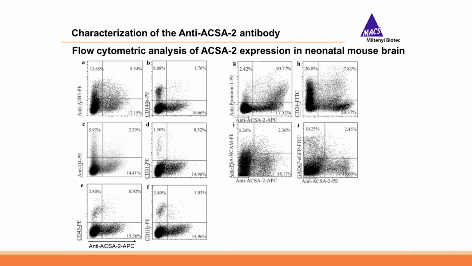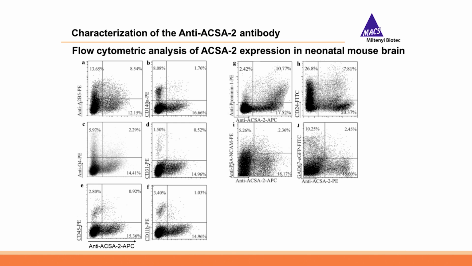But on the other hand, O4 positive oligodendrocytes, CD31 positive endothelial cells, and CD45, CD11b positive microglia show no expression of AXA2. So in G, we see that the majority of prominin-positive cells, so more than 80%, show AXA2 expression in the neonatal mouse brain, as these are very early cells, so progenitors.